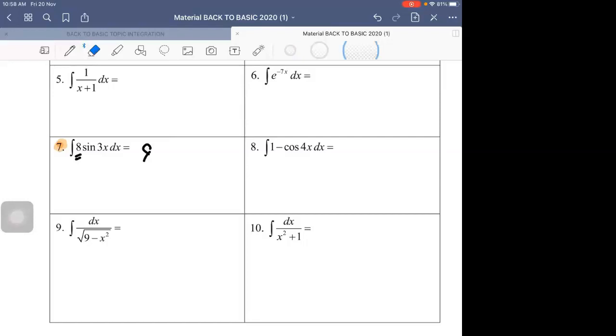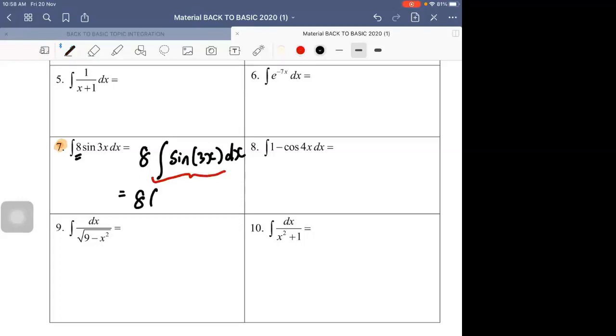Remember, integrate sin 3x, you should get negative cos 3x.